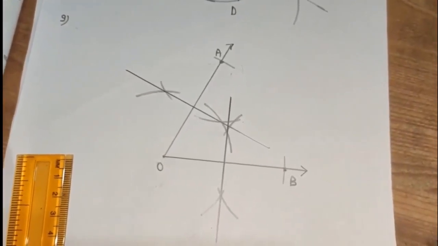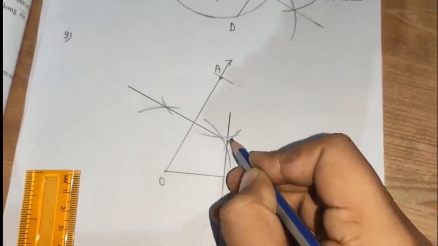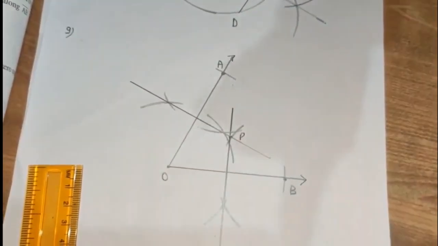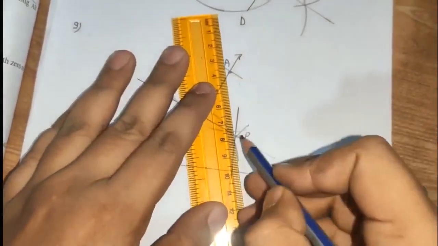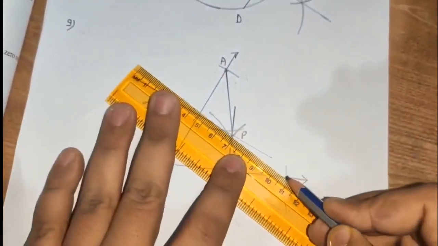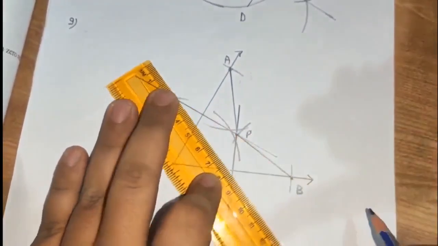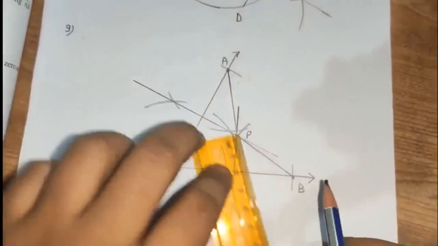Now it is written, let them meet at P. So this point is called P here. Now join PA and PB. Then we will join P to A and P to B. Now it is asking whether PA is equal to PB. Now we will measure this.